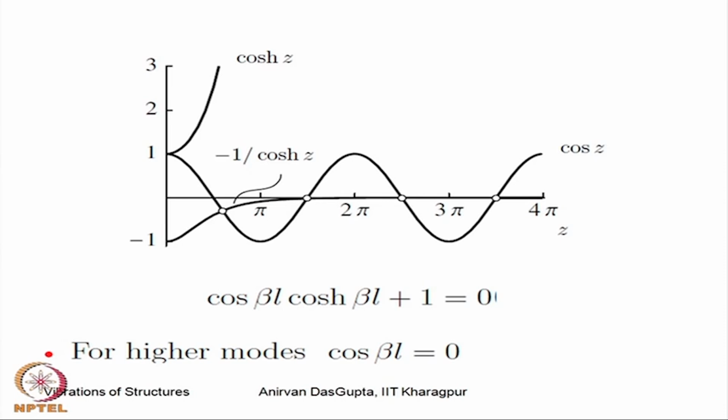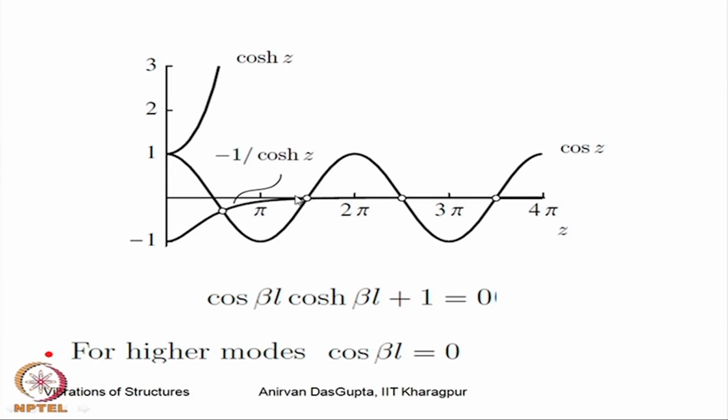We have written the characteristic equation as cos beta L is equal to minus 1 over cosh beta L. We have plotted cos z and minus 1 over cosh z.